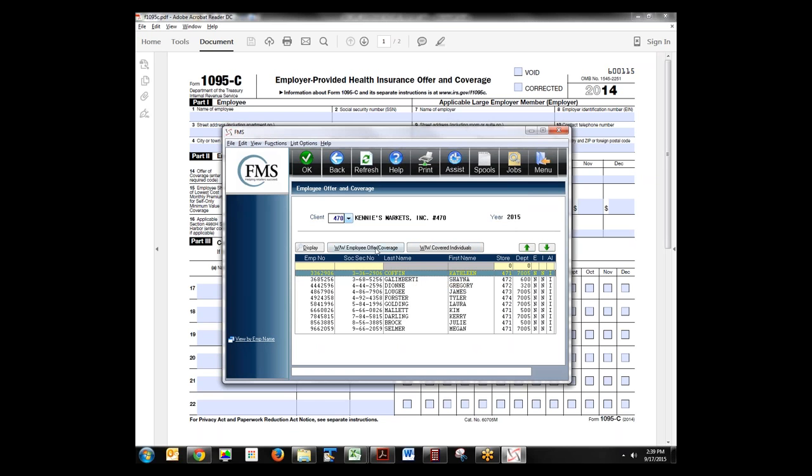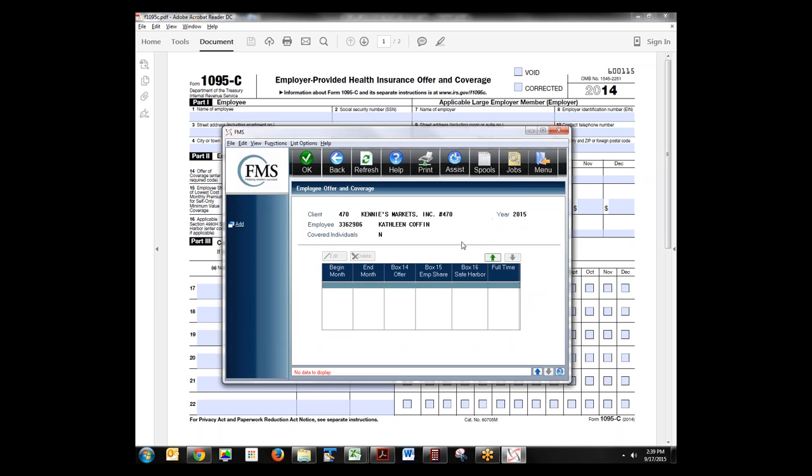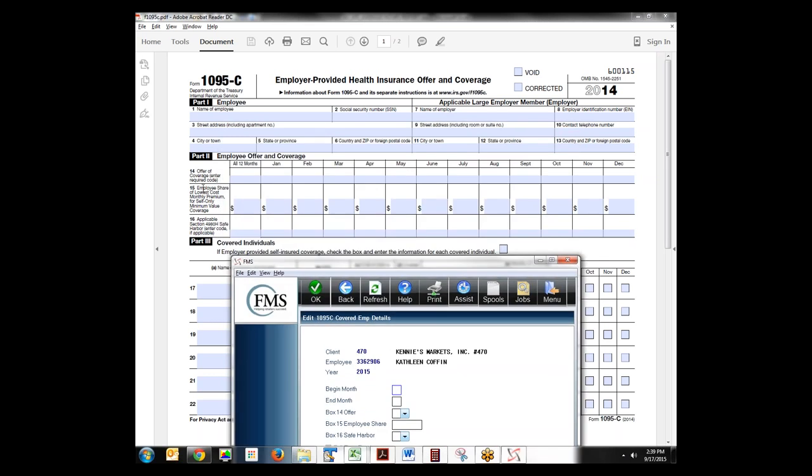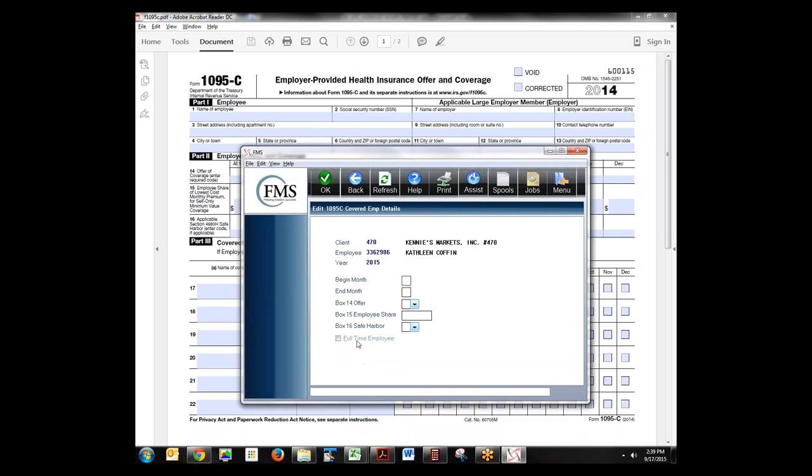So when we come in, we just get our normal list of employees. Essentially, you can highlight an employee and go into work with offer and coverage. And this is where we're adding the offer and coverage record. So the offer and coverage record represents lines 14, 15, 16, and then there's an extra indicator for the full-time employee. And then we just do a range of months that these codes should be applied to.